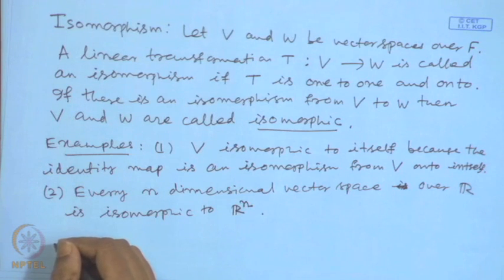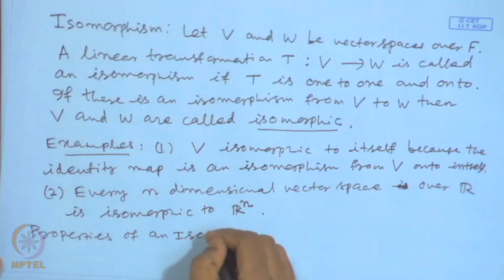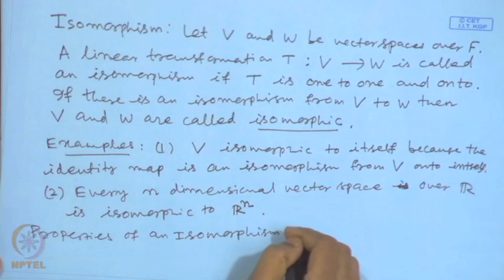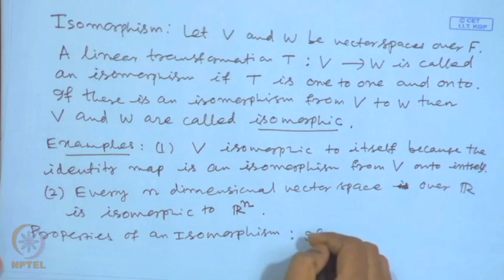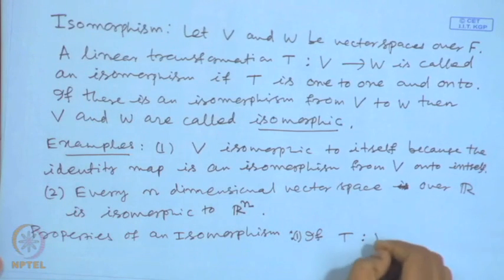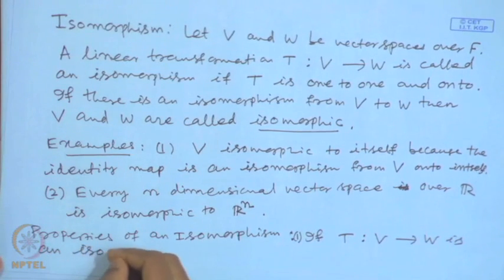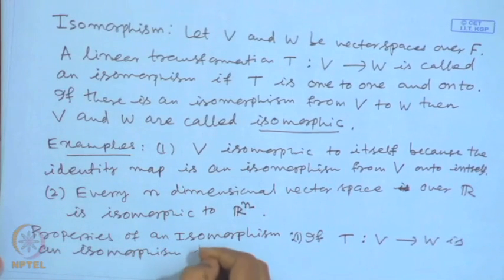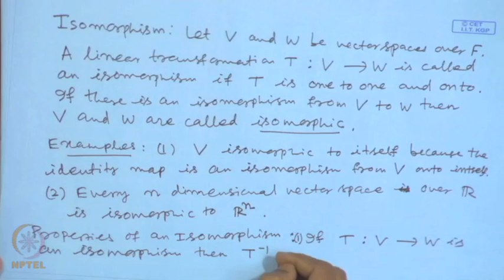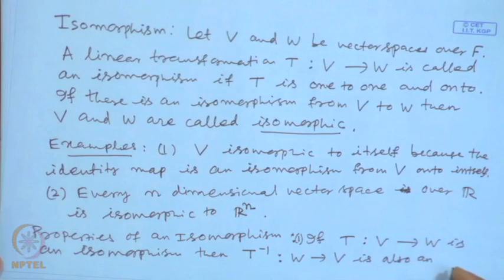Here we will see some properties of an isomorphism. The first property is: if T from V to W is an isomorphism, then T inverse from W to V is also an isomorphism.